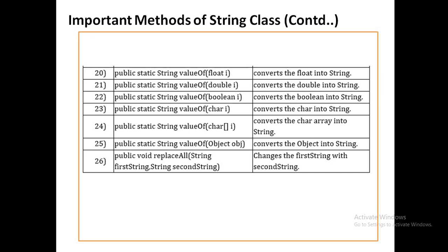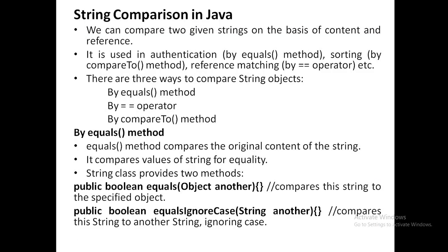Replace all. The replaceAll method has a first string and a second string passed as arguments, and it changes the first string with the second string. String comparison. In Java, we can compare two given strings on the basis of content and reference.